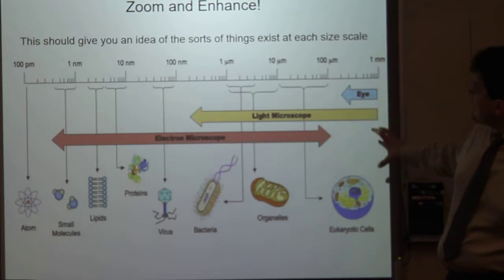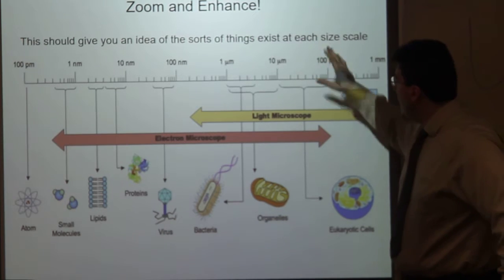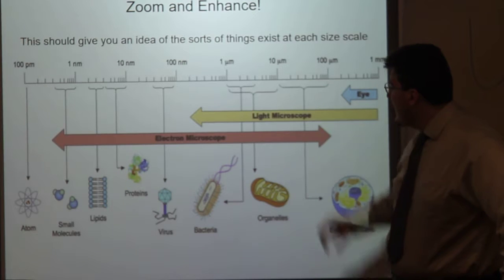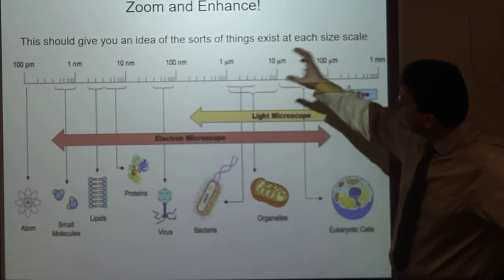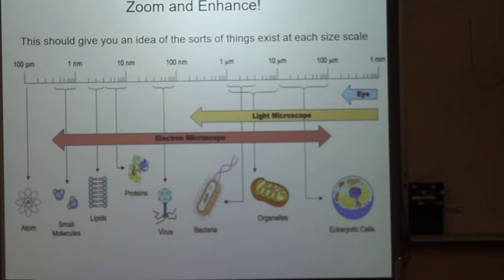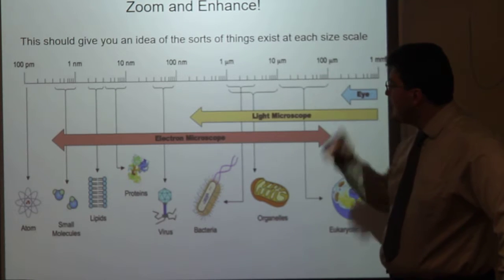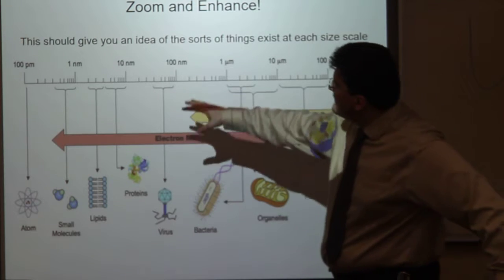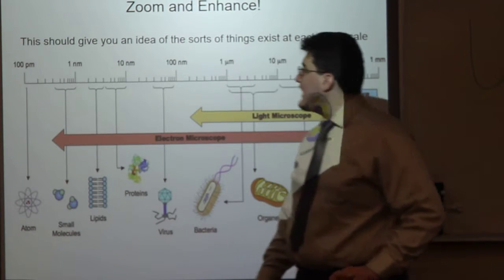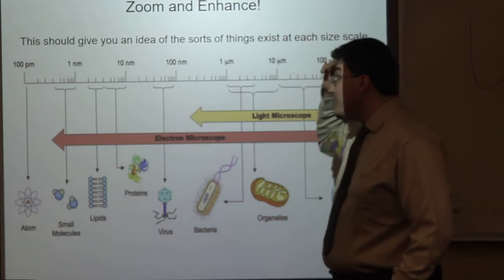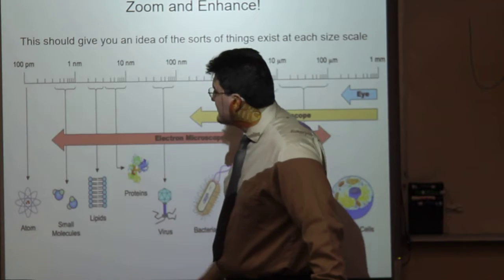So eukaryotic cells are in the 10 to 100 nanometer range. Organelles of those eukaryotic cells are in the 1 to 10 nanometer range. Bacteria are in the 1 to 5 nanometer range. Viruses are smaller than 100 nanometers. Proteins are smaller than 10 nanometers.